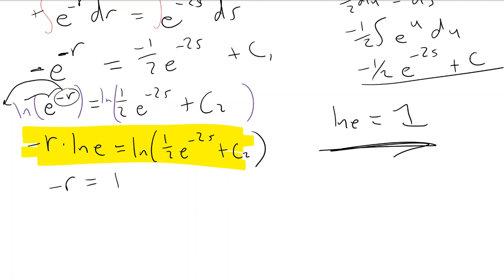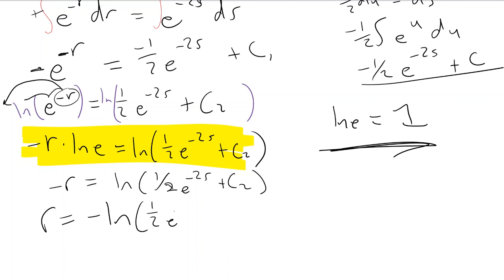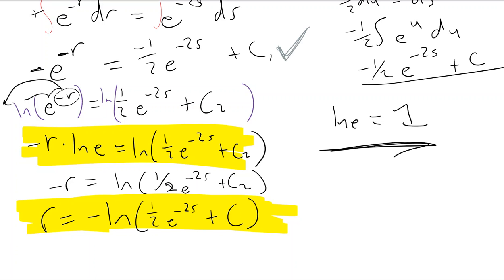So from here, looks like we're just about done. Multiply both sides by -1. And since this is my final answer, you don't need to call it C1, C2, C3. Just make your final answer just a plain C. So you could potentially stop all the way up here, depending on the question.